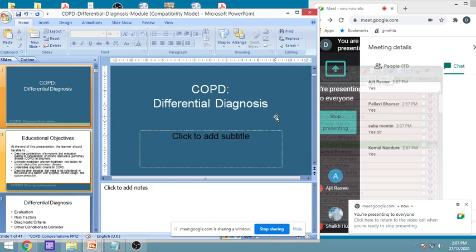Apart from that, as such if we see there are very little differences between COPD and asthma. So it is very important to diagnose it clearly so that we can go for treatment of it.